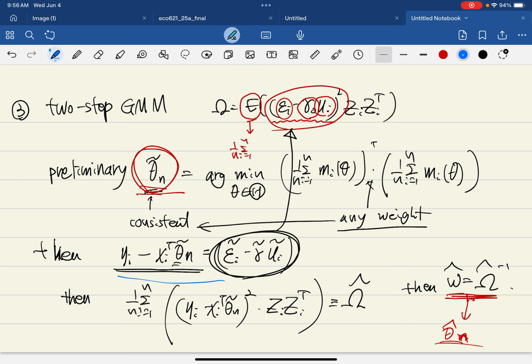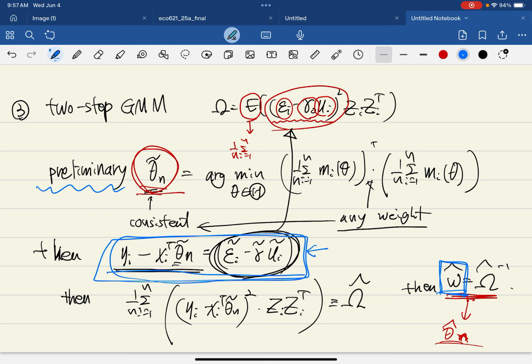The difference here is that in our previous argument it was a preliminary step, because we calculated this to calculate the weighting matrix, and the weighting matrix must be set before calculating theta.